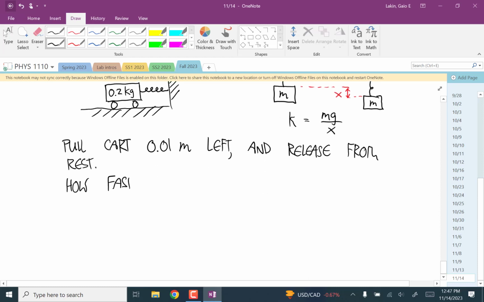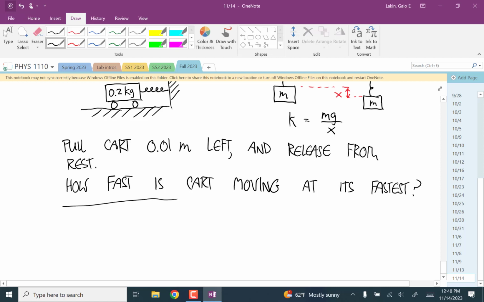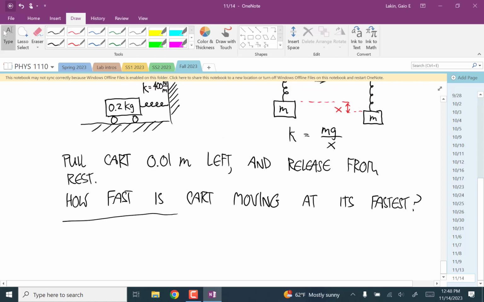How fast is the cart moving at its fastest? Well, what's going to happen?